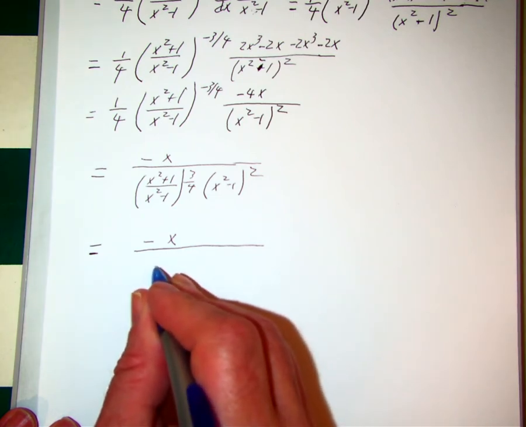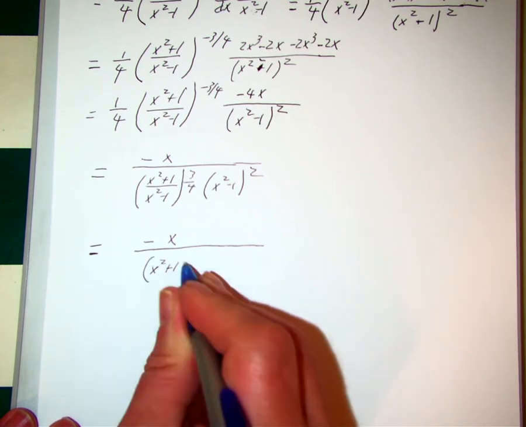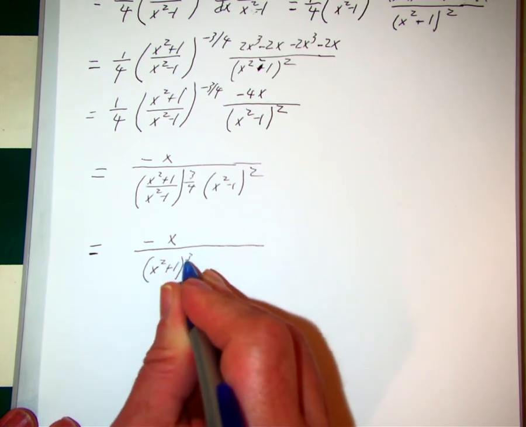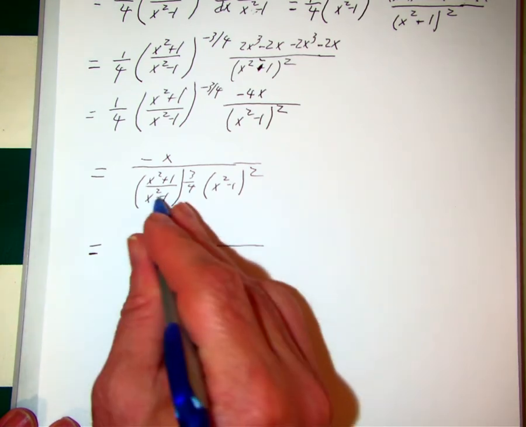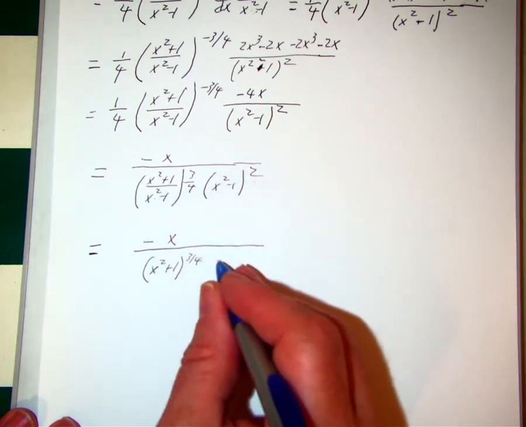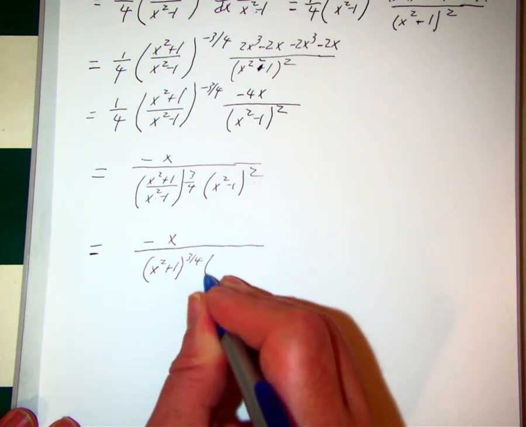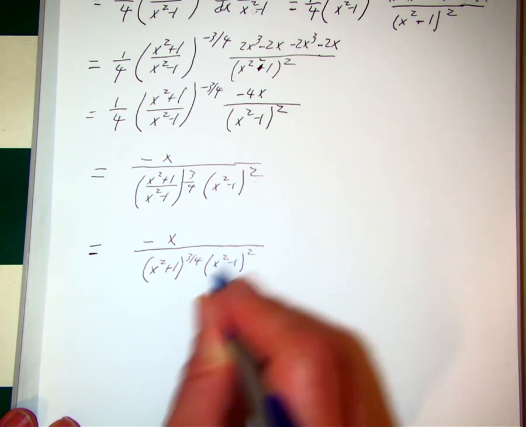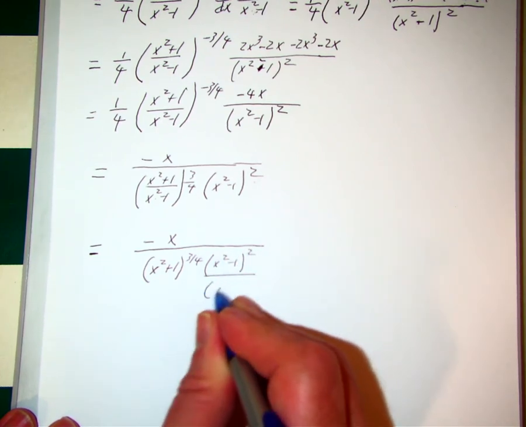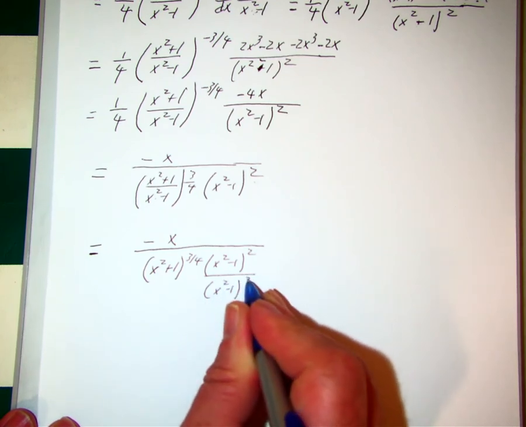But what we have right here is x squared plus 1 raised to the 3/4 power. Now watch what's going to happen here. This one will come over and underneath this one. And again, that's just algebraic manipulation. So you have x squared minus 1 squared over x squared minus 1 to the 3/4.